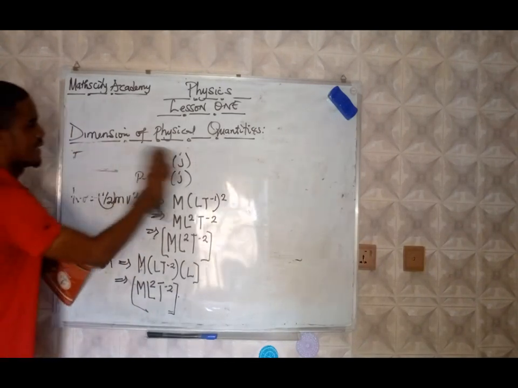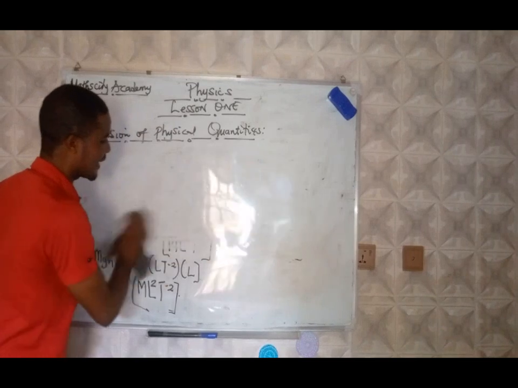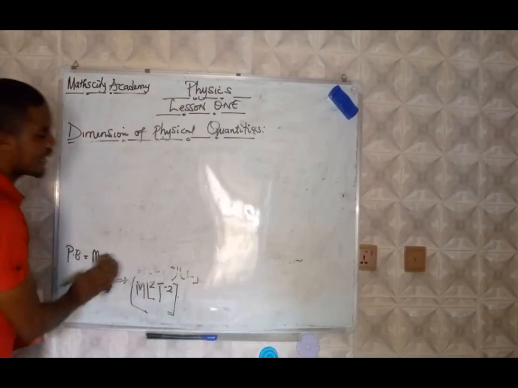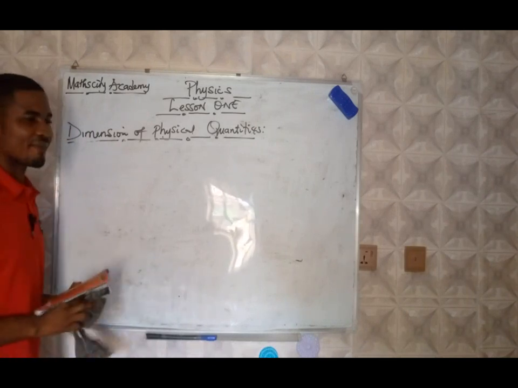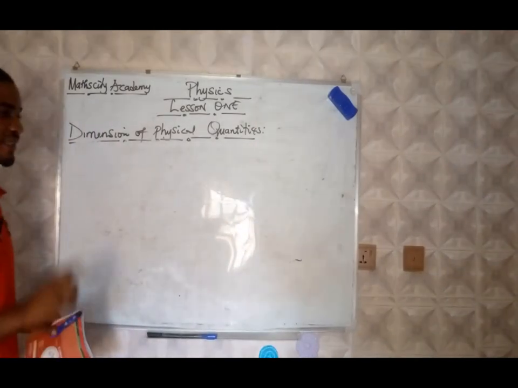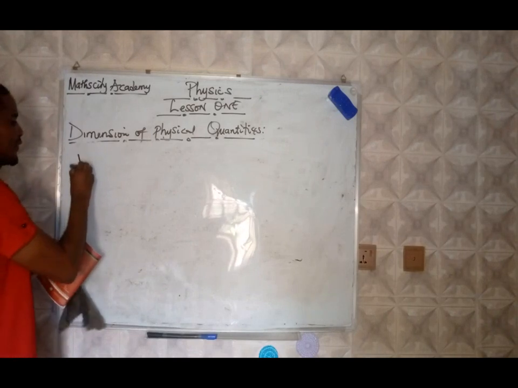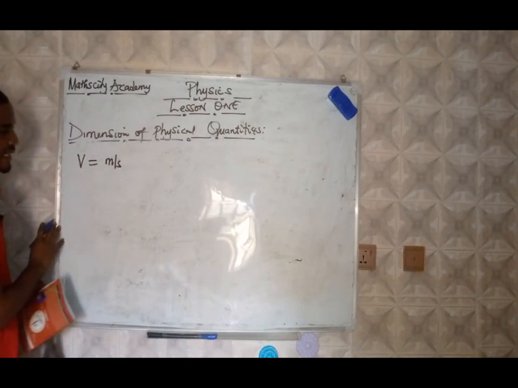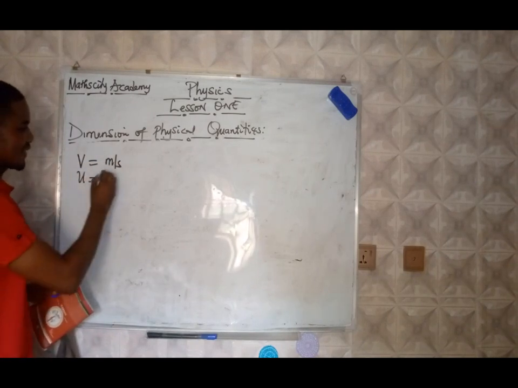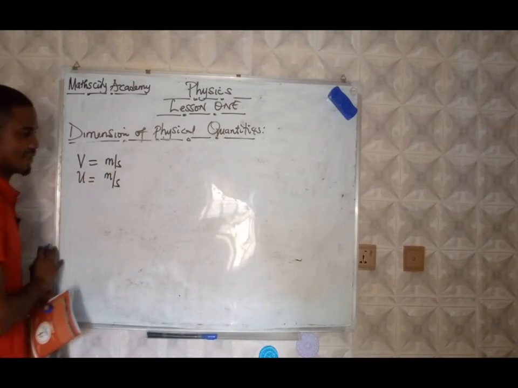So at this point, you can be asked in a competitive examination to find the dimension for initial velocity. Remember, we used V as final velocity and it's measured in meter per second. You use U as initial velocity, which is also measured in meter per second.